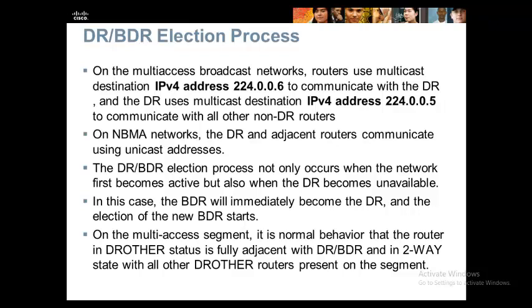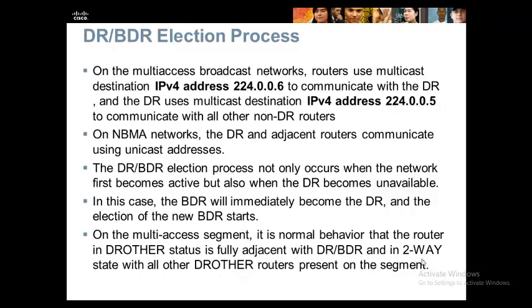And the DR will use 224.0.0.5 to notify the update to non-DR routers, which are called DR other routers. Okay. And between the DR other routers, as we see here in the last paragraph, there will be only a two-way state. Only with the DR and BDR will the DR others have full state, and two-way state between the DR other routers.